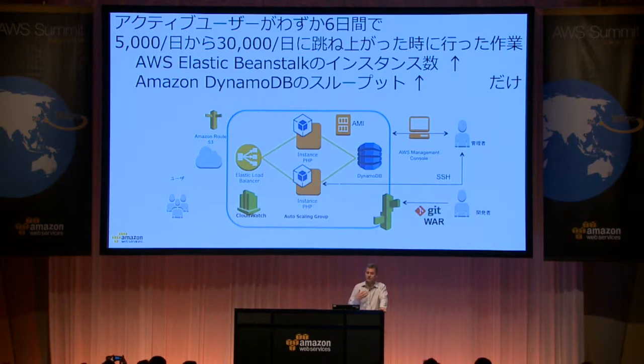Their daily active users surged from 5,000 to 30,000 in less than a week. And this would normally put tremendous pressure on the infrastructure. But because they'd architected it with Elastic Beanstalk, they were enabled to scale essentially their stateless infrastructure very quickly. A few parameters, double, triple, 10 times the scale.